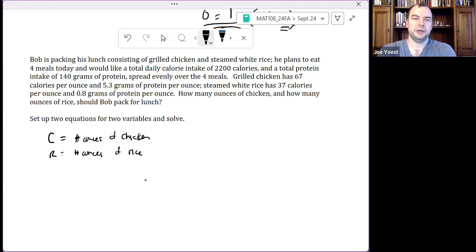And we'll have one equation for the calories per meal and another equation for the protein per meal. So the calories for this meal, he wants the total to be 2,200 calories over 4 meals. So 2,200 over 4, that's 1,100 over 2. I think that's 550 calories per meal.